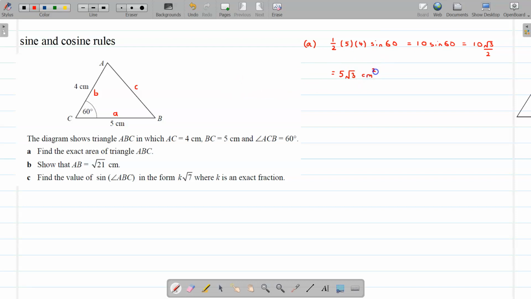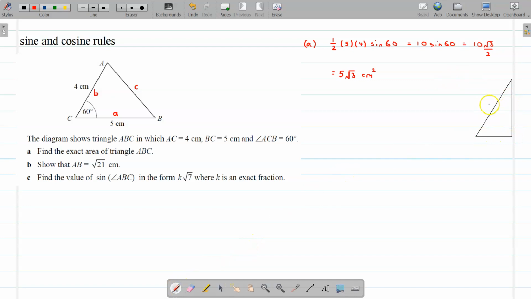Now, if you're not sure why the sine of 60 is root 3 over 2, you need to learn that and understand where that comes from. So here's an explanation. This is, or was, an equilateral triangle that's been cut vertically straight down the middle.